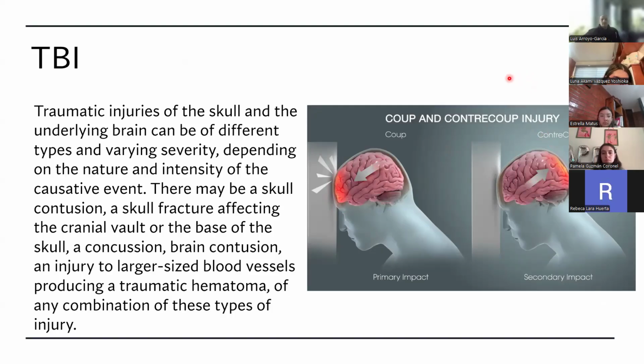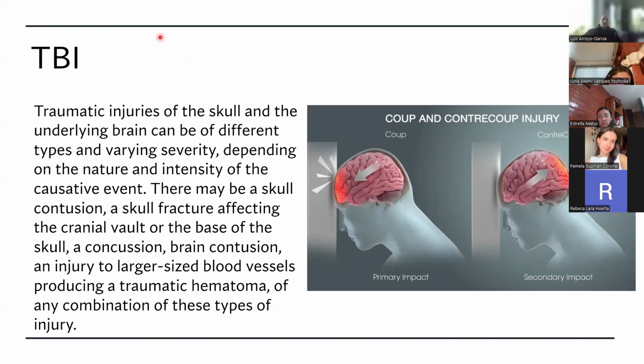And of course, how difficult or how bad is the TBI depends on how bad the injury was, right? We're talking about head trauma, about hits in the head, and where exactly in the head we're having these hits.